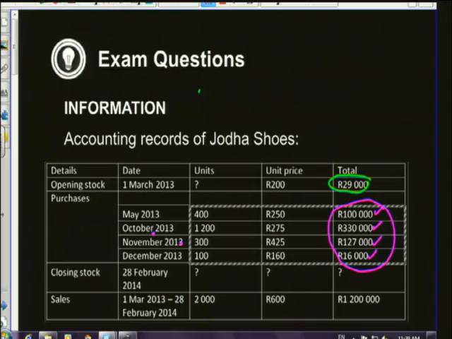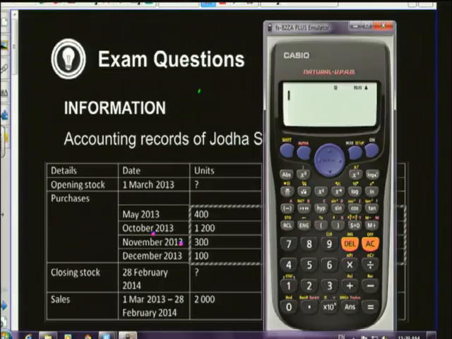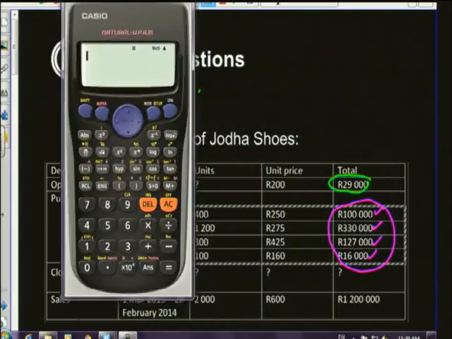Okay, so in order for me to get my total purchases, I'm simply adding all my purchases for the year. So let's get our calculators out. Okay, and let's do this. We've got 100,000 plus next purchase 330,000 plus 127,000.